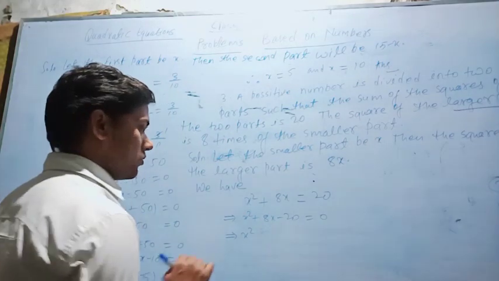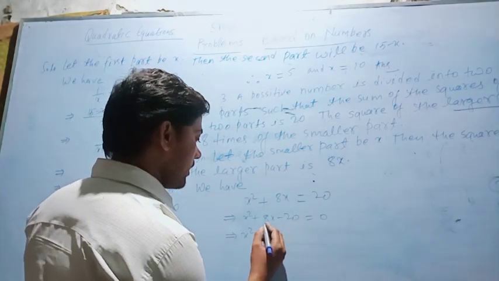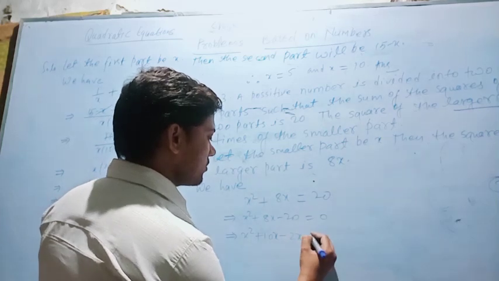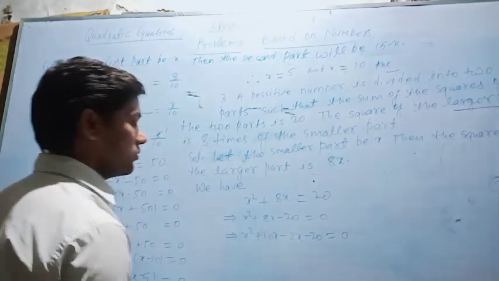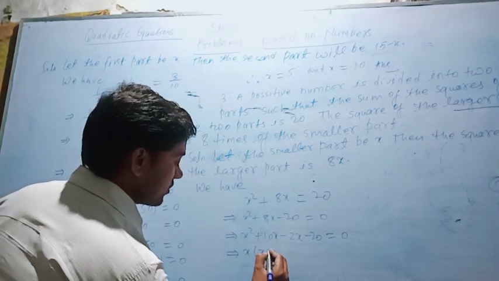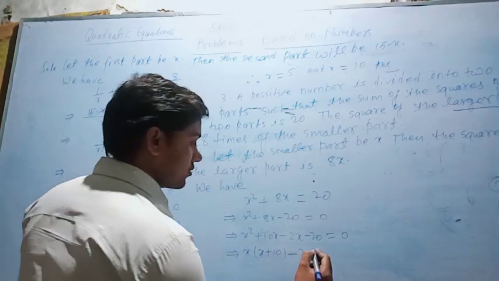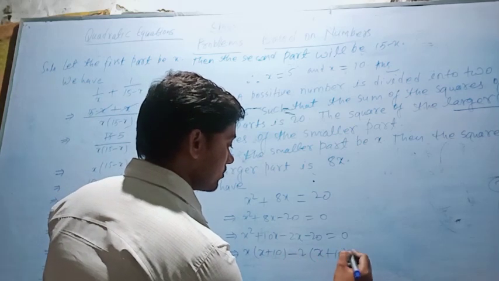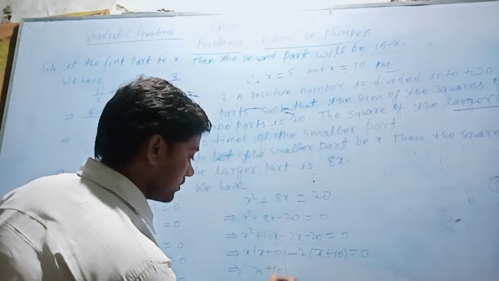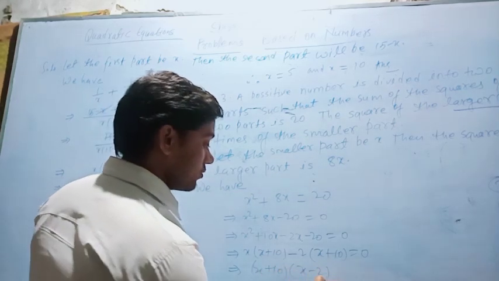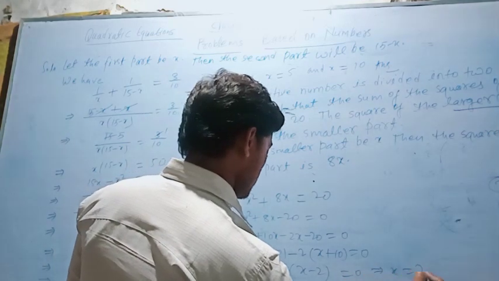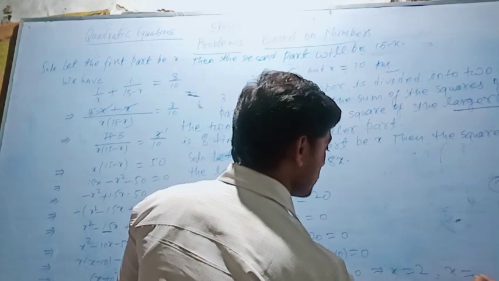So x square plus 10x minus 2x minus 20 is equal to 0. x will be common, then x plus 10 will remain; minus 2 will be common, so x plus 10 will remain. This implies x plus 10 into x minus 2 is equal to 0, so x is equal to 2 and x is equal to minus 10.